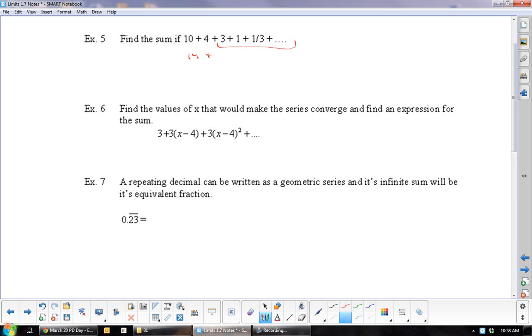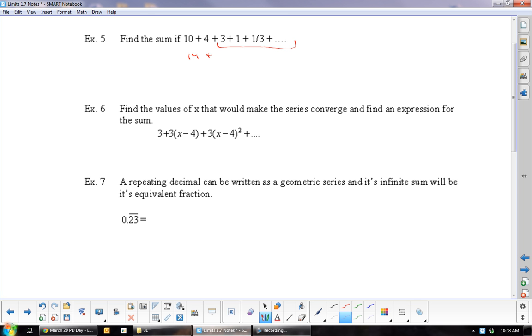So you really got to watch out for this, because I think to make this a really tough question would be to go 4 plus 10 plus 3 plus 1 plus, because people would go, it's going up, divergent, cannot find the sum. Okay, so check a few places along the line.